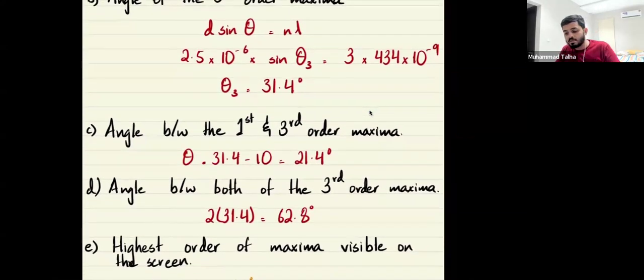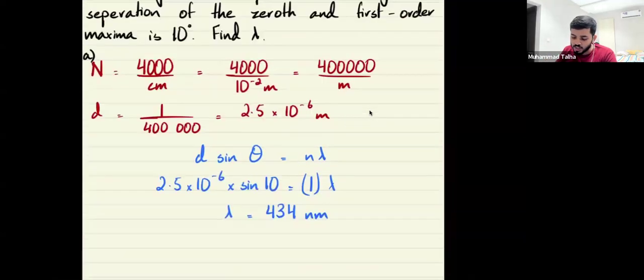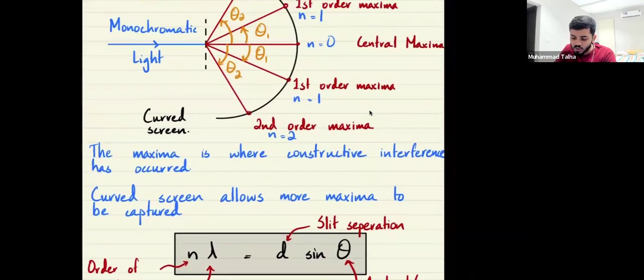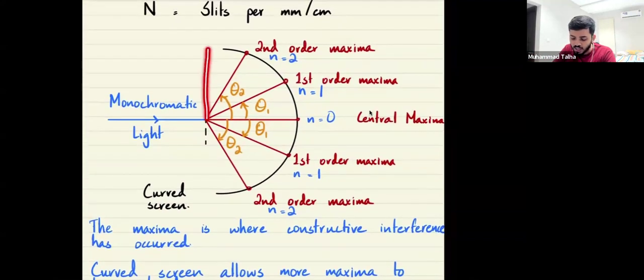Part E is a slightly more tricky part, only if you haven't revised this well enough, which is the highest order of maxima visible on the screen. So if I go back to this, the highest order of maxima visible would be one which really bends through an angle like this, and this is captured on the screen. So the implication here being this, that this angle from the central order maxima would be 90 degrees in this case, right?